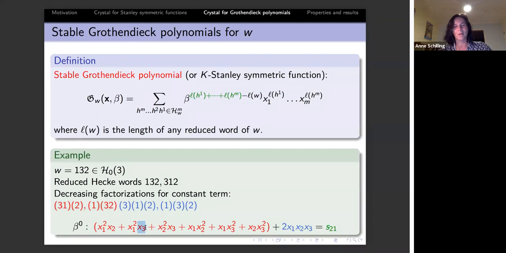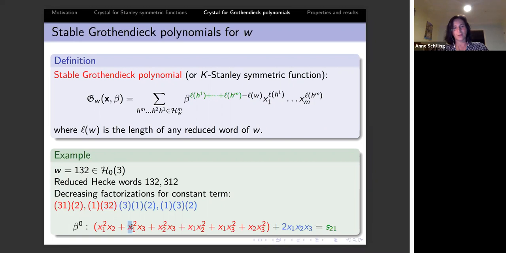So if, for example, I want to get this monomial x1 squared x3, then I can get that from this one by doing 1, then an empty factor, and then a 3, 2. And then remember, I label my things from right to left. So the 3, 2 has two things in it.